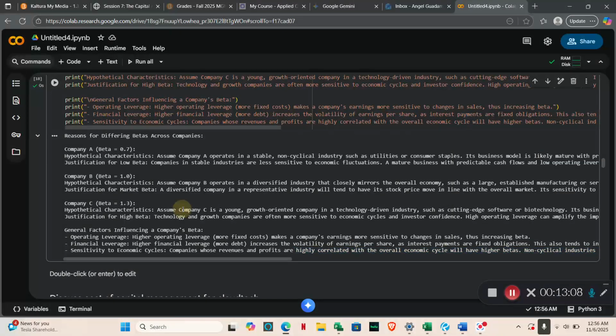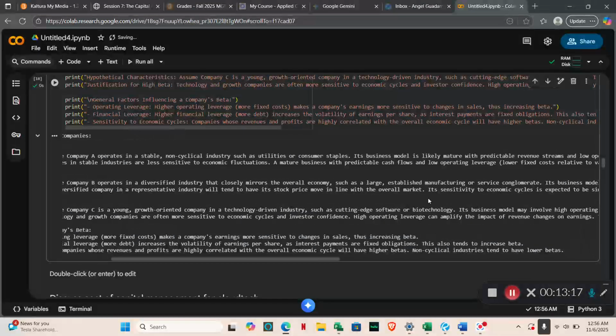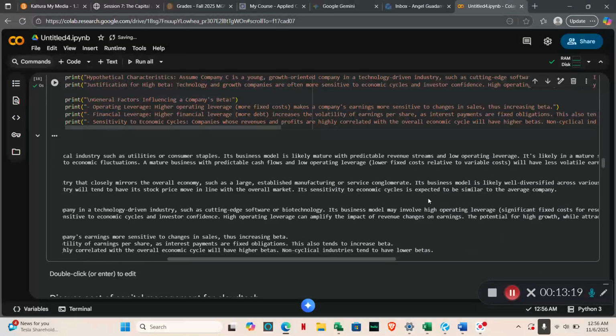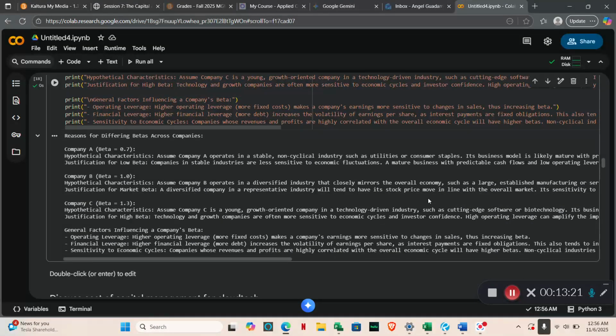For company B, we assume it operates in a diverse industry that closely mirrors the overall economy, such as large established manufacturers or a services conglomerate. For company C, we're going to assume it's a young, growth-oriented company in a technology-driven industry such as cutting-edge software or biotechnology.